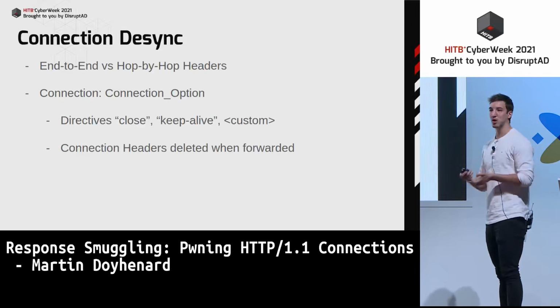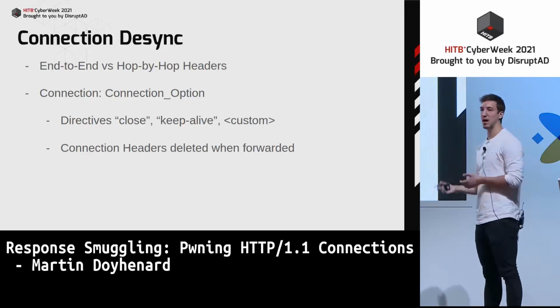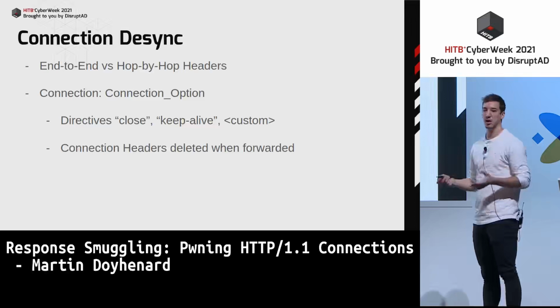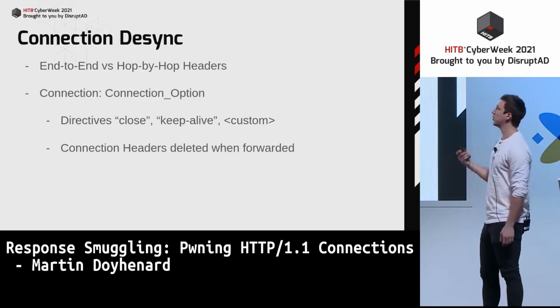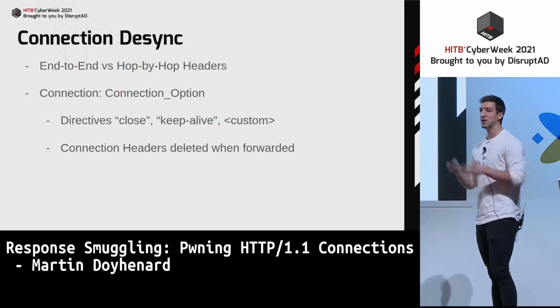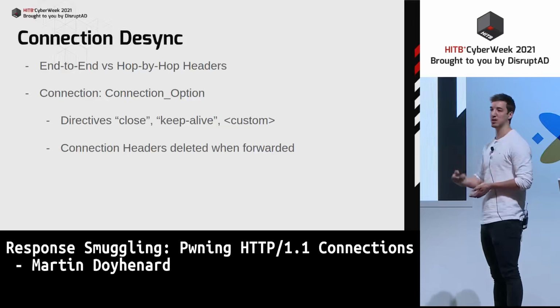Most of you already know the connection header, and it's used to establish directives such as close or keep-alive to say how the connection should be established. But it's a more general purpose kind of header, because we can use it to set any other custom value, and then this value will be searched in the headers and deleted when the request is forwarded.